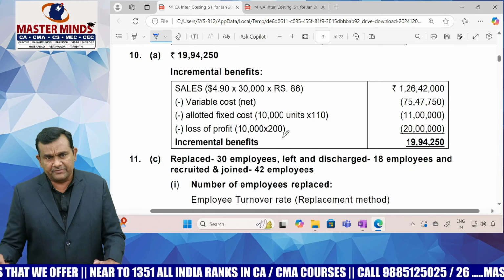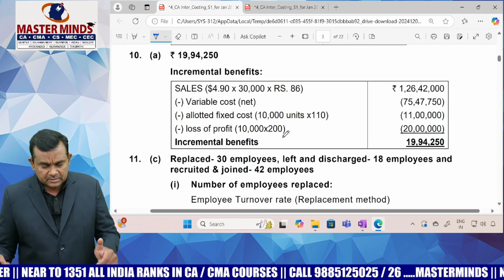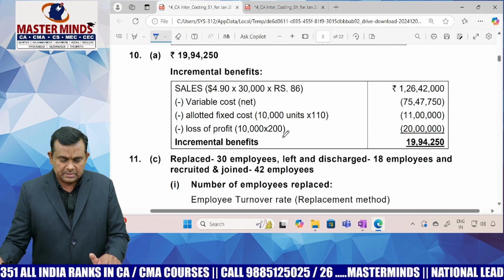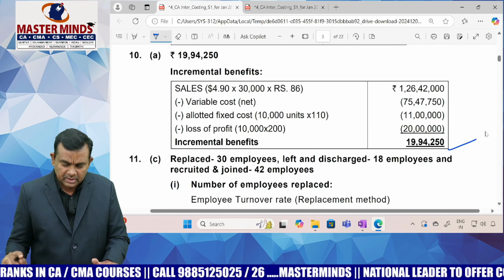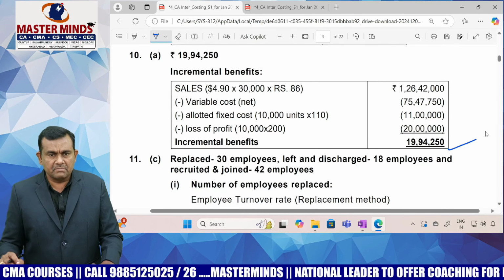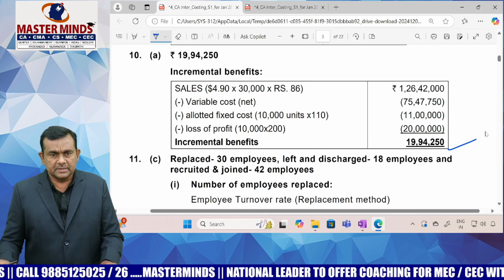Sales 30,000 units into 4.9 into 86, less variable cost, allotted fixed cost and loss of profit, gives 19 lakhs 94,250 rupees. This is marginal costing, sir. Total 10 bits completed.